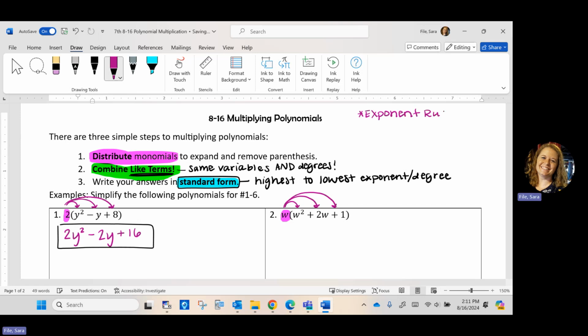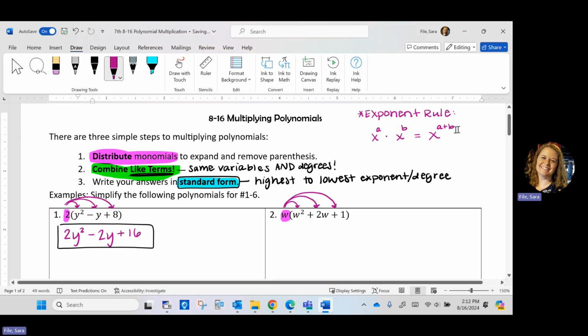When you multiply like base terms, I'm just going to use x as an example. If I'm doing x times x, whatever the degree or the exponent on those, what do we do with those exponents? We add them. Very good. So I'm going to add the exponents and keep the base the same.